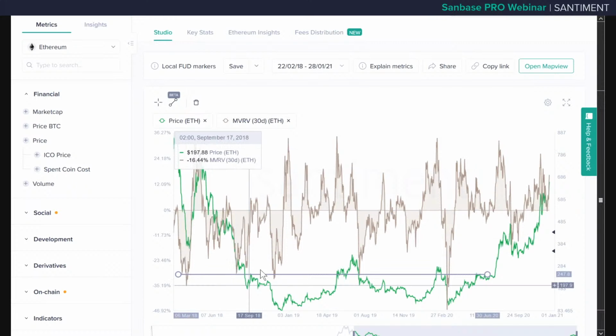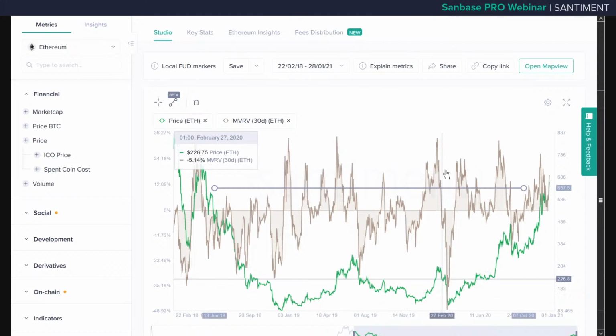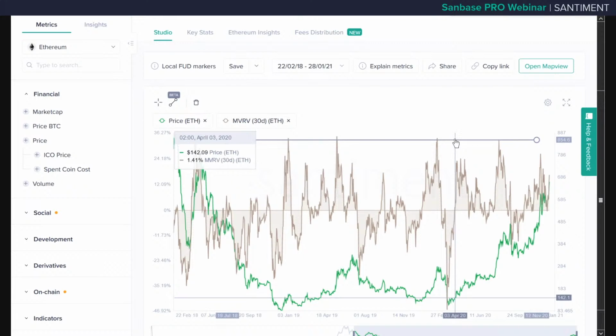March 2018, August 2018, November 2018, July 2019, and then obviously during the Black Thursday crash, we dumped even lower. As far as tops, Ethereum seems to be quite disciplined so far in the 30-day MVRV.